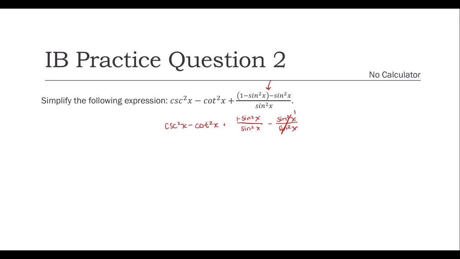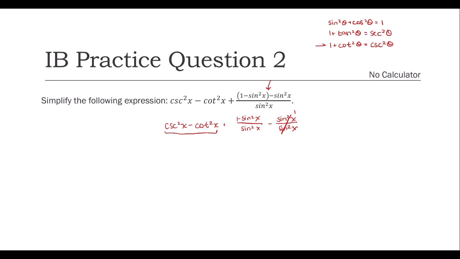Our three Pythagorean identities are sine squared theta plus cosine squared theta equals 1. 1 plus tangent squared theta equals secant squared theta. And 1 plus cotangent squared theta equals cosecant squared theta. So we have a cosecant and cotangent here.